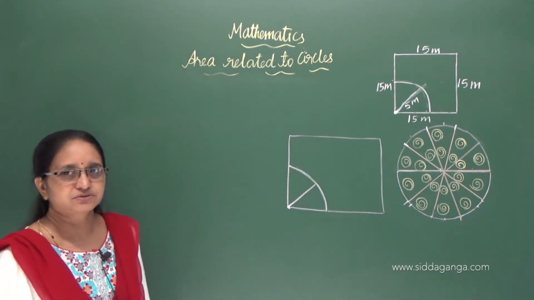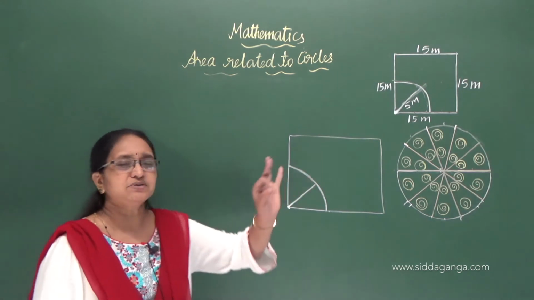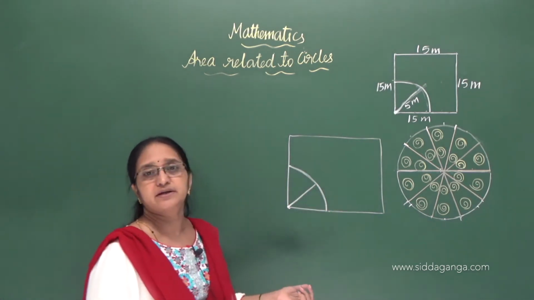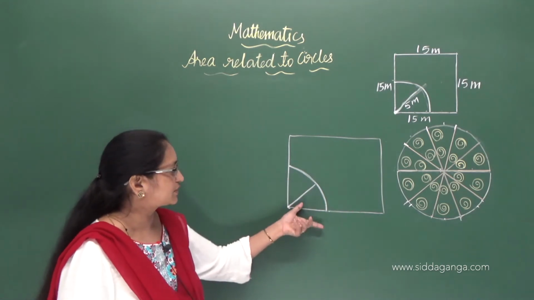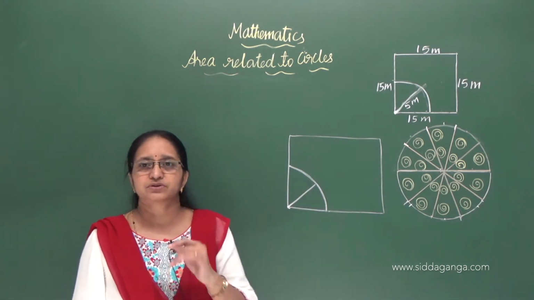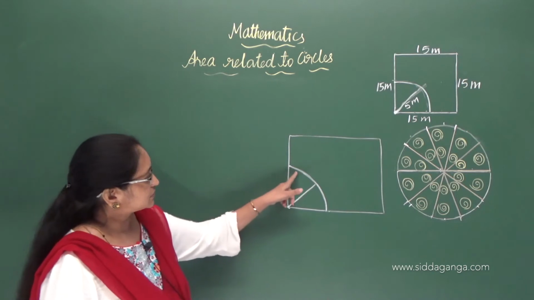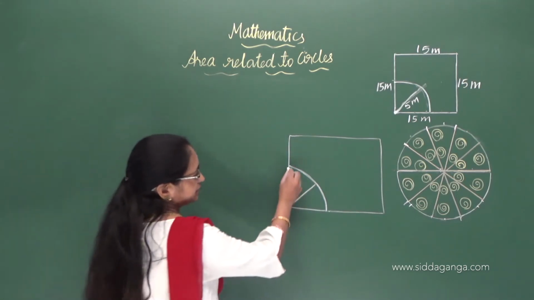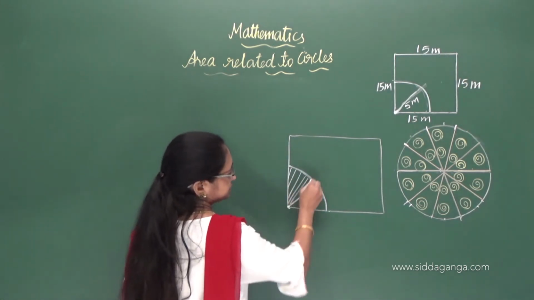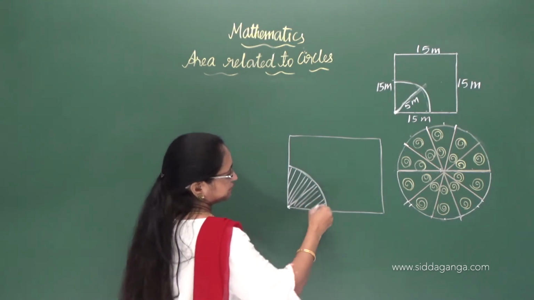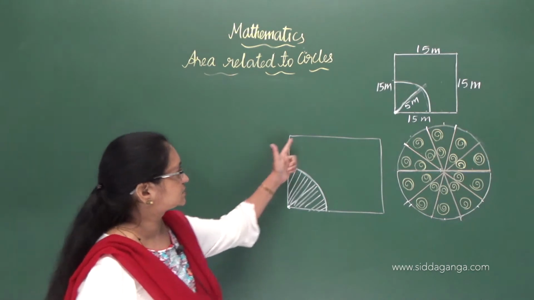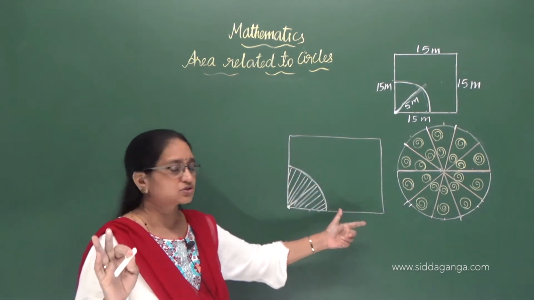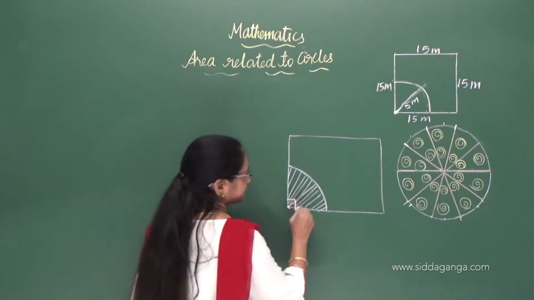I hope you understood. If the diagram is not given, you better draw the diagram. In your textbook they have given the diagram, but if it is not given, you should draw it. So, first, the area will be created like this. Please note, this is very important. The second important thing is, they are telling us it is a square, so the angles will definitely be 90 degree.